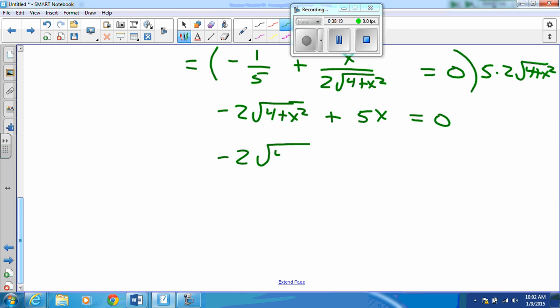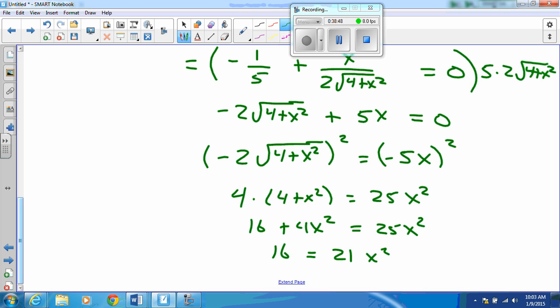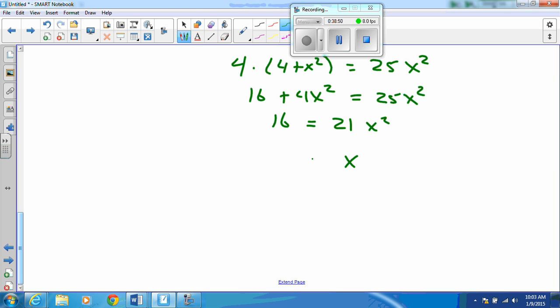I can subtract 5x from both sides, and I can square both sides, giving me 4 times 4 plus x squared equals 25x squared. Or 16 plus 4x squared equals 25x squared, or 16 is equal to 21x squared.